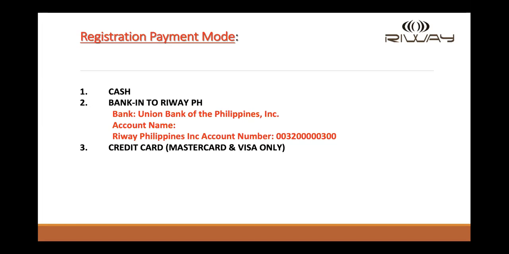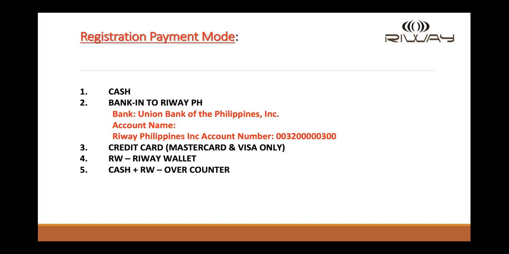As long as your maximum limit is set to the maximum, then only would you be able to transact. You can also choose to encode using your own Rive wallet. For example, you already earned the points. And if somebody pays you 135, you use your point equivalent to 135 to encode the person.